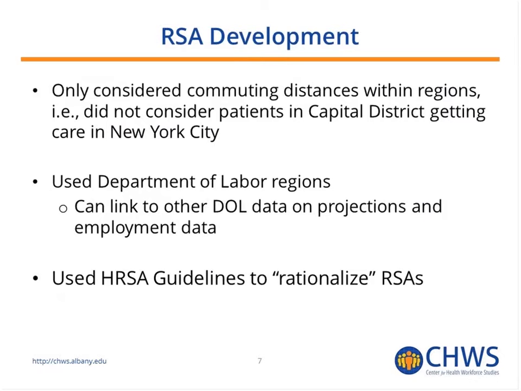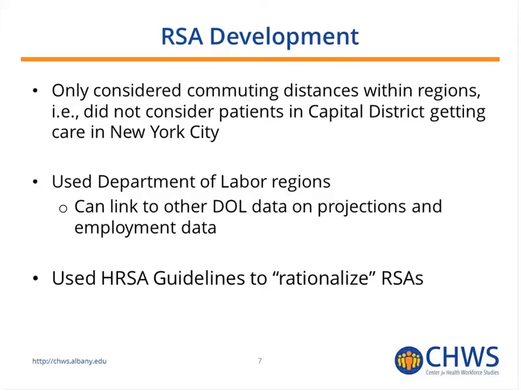We did have some limitations. We decided that we did not want to make our service areas too broad, so our analysis was based on Department of Labor regions. If you were in one region, we didn't look at you if you traveled to another region for care.